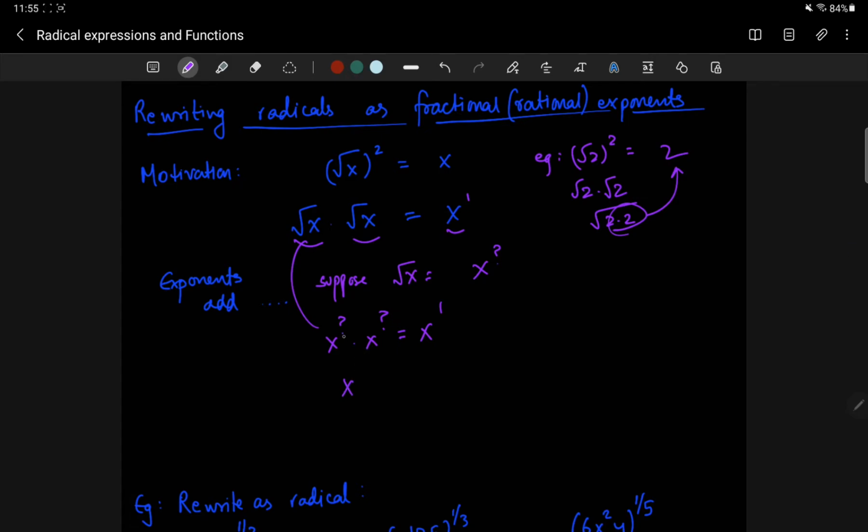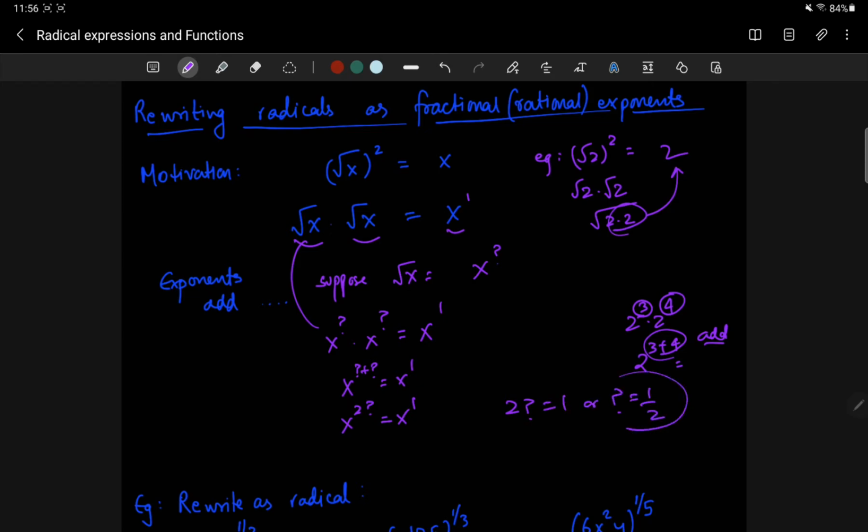When you multiply numbers with the same base, the exponents add up, right? So this is going to become the unknown plus unknown, but because they are the same thing, 2 times this unknown must be 1, or this unknown must be 1/2.